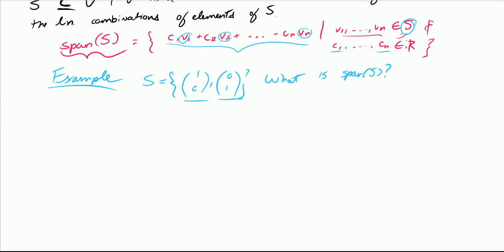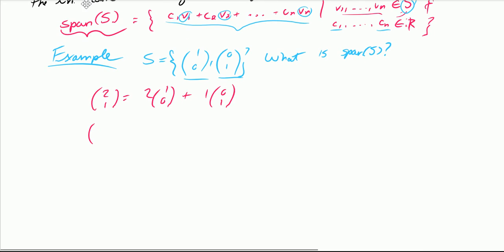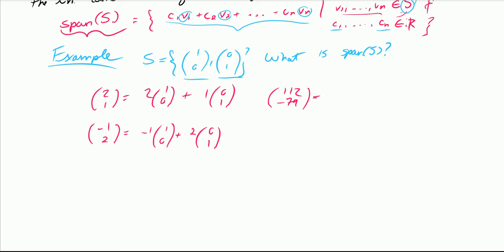You can write (2, 1) as 2 times (1, 0) plus 1 times (0, 1), right? That's fair. You can also write (-1, 2) as -1 times (1, 0) plus 2 times (0, 1). You can also write (112, -79) as 112 times (1, 0) minus 79 times (0, 1).